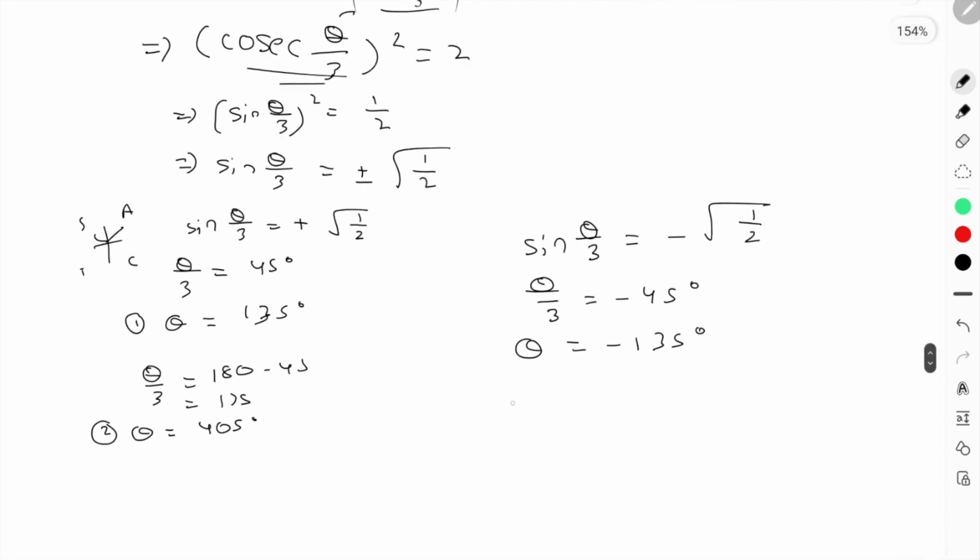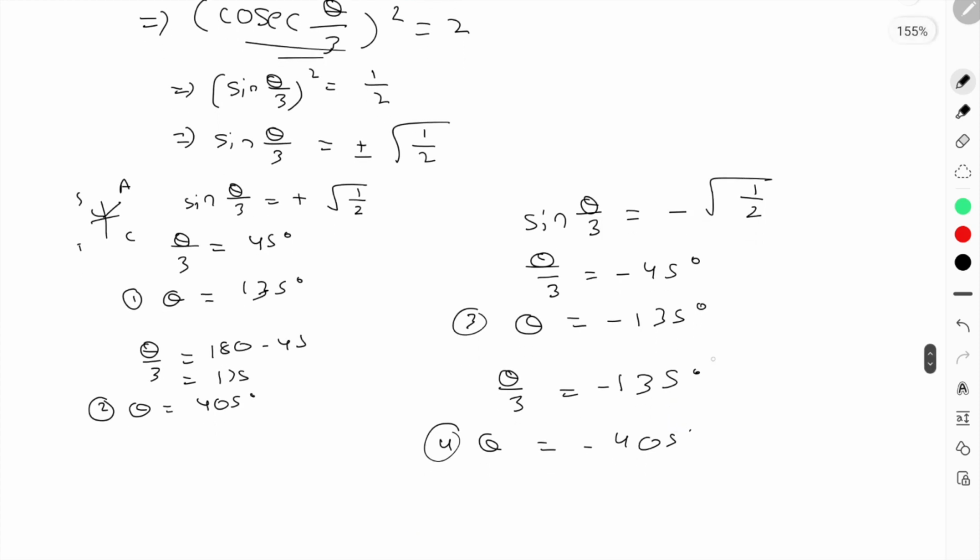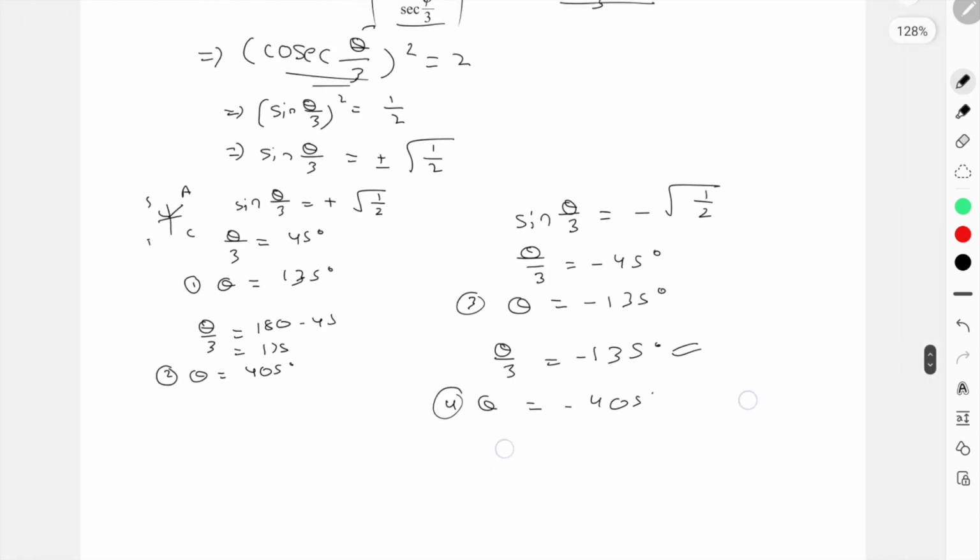But also theta by 3 is also minus 135. So that's the answer. This is 3 and this is 4. It uses the same principle as the last one. So yeah.